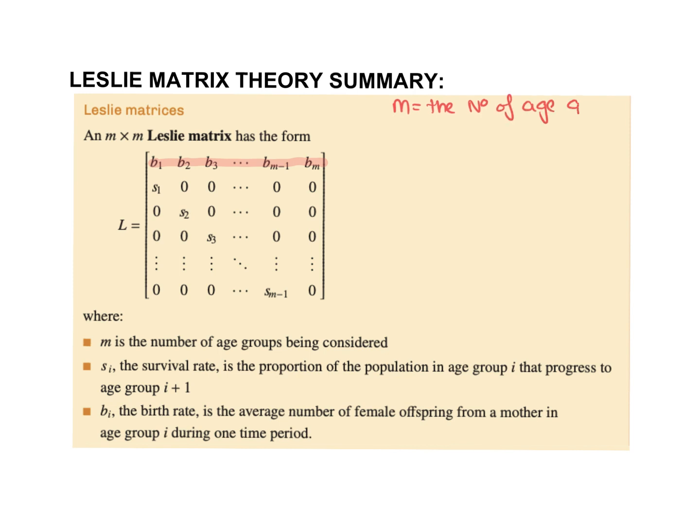So when we had 3 age groups, we only had a 3 by 3. If we've got 5 age groups, we're going to have a 5 by 5. That's what that means there. So this is the birth rates going across the top. So we're just summarizing what we just said. And then we've got the survival rates going down there. So survival rates.